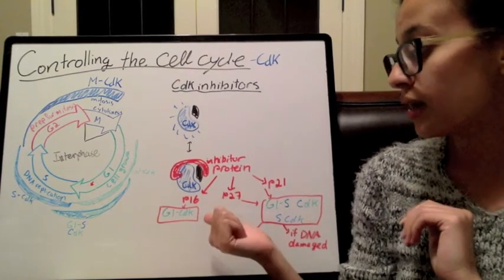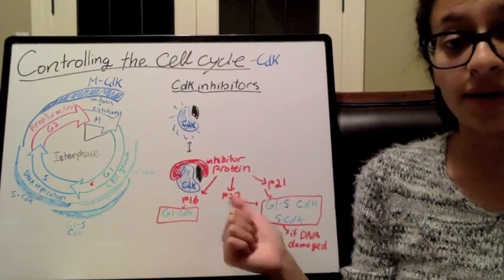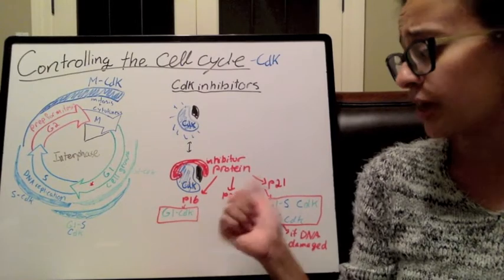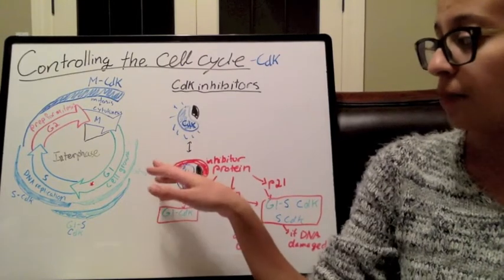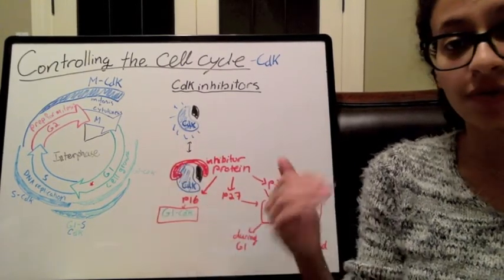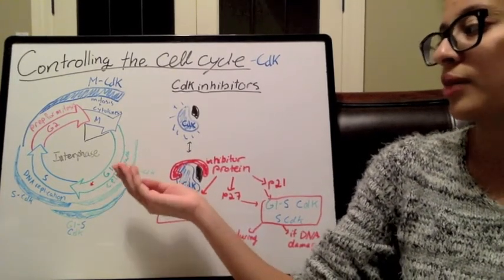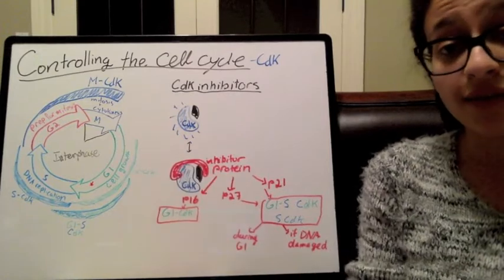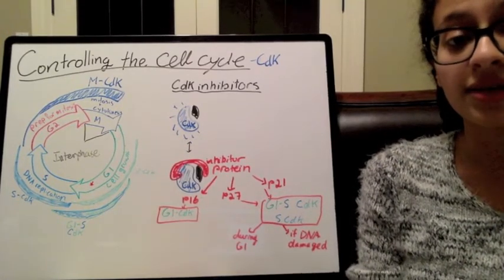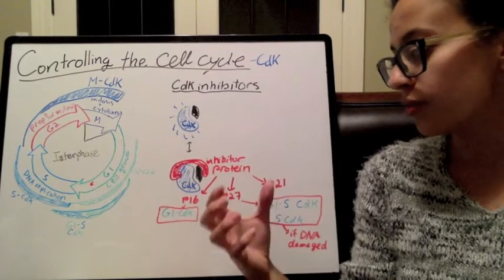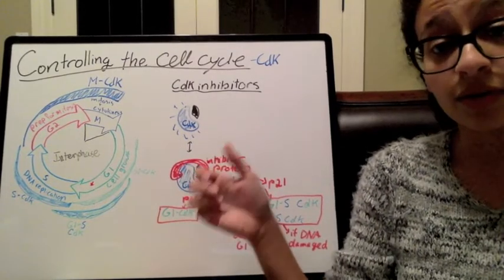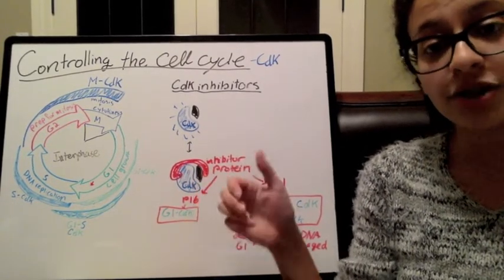Now there's also P16, which acts on G1 CDK. Remember, G1 CDK is important for getting through the restriction point, to be able to go from G1 into S phase. If you have this inhibitory protein blocking it, it'll keep the cell in G1.